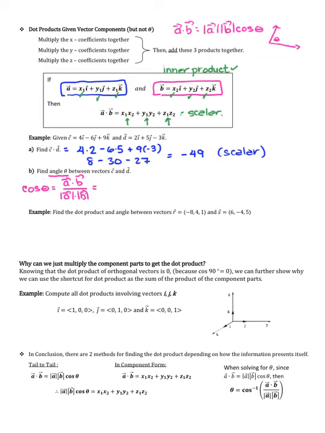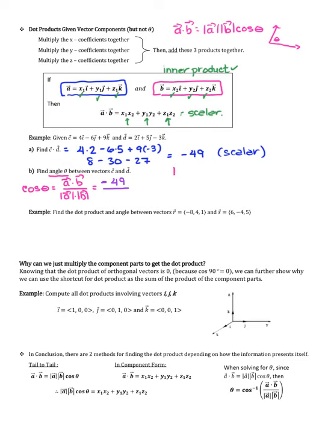Well, we have already found our dot product in component form, so I know that my numerator will be -49, and off to the side we are going to find the magnitude of our individual vectors. So we know that, oops, not A, silly me. In this case, it is C.